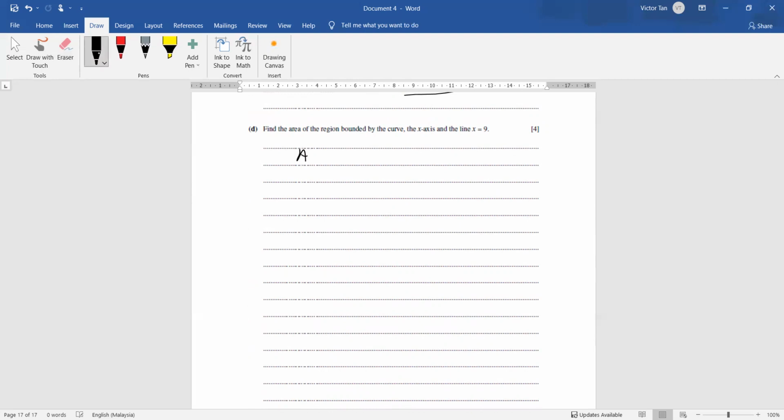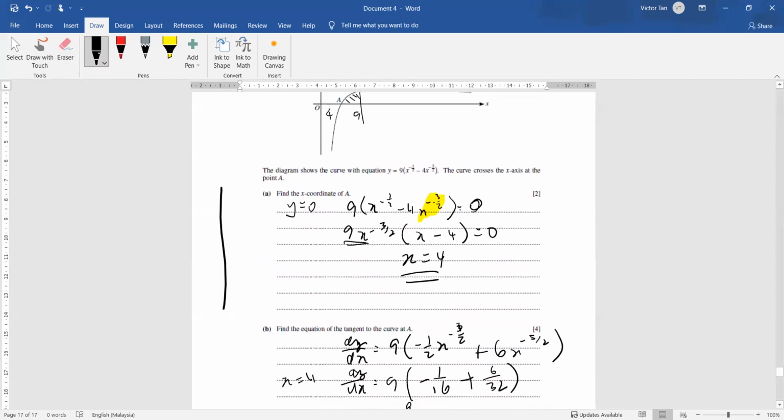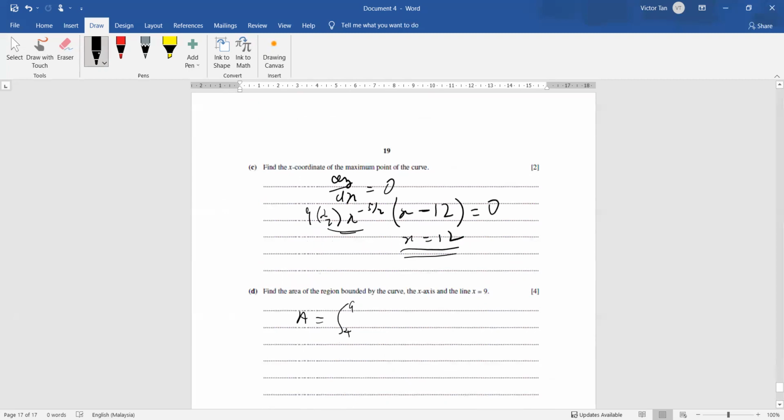So area, 4 to 9. Take out the 9. It's x to the minus half plus 4x to the minus 3 over 2 dx.